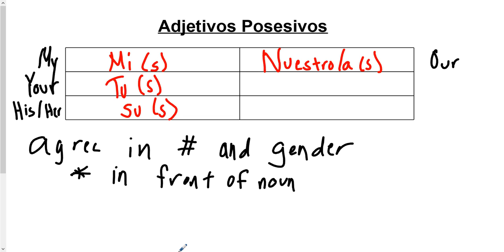Nuestro abuelo se llama Otto. My sisters and I have one living grandfather. Our grandfather's name is Otto. Now, if you notice, this one does have to agree in gender because it ends in an O. These ones you did not have to worry about gender because they did not end in O or A.